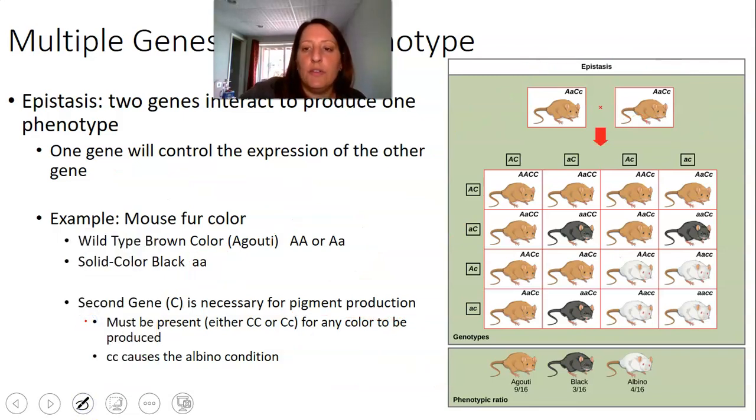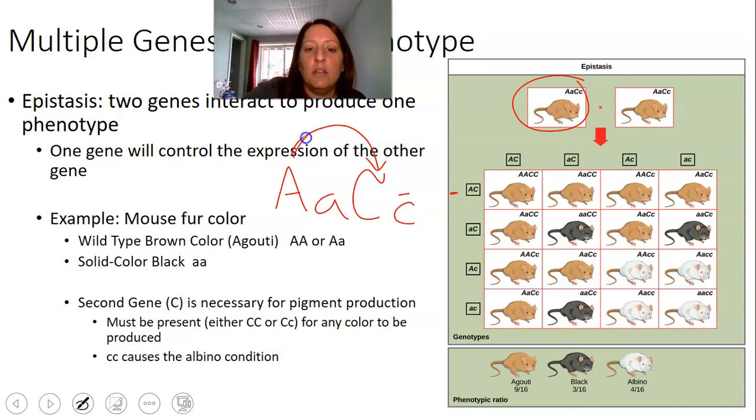So for this mouse, here's its genotype. You're going to go here and say, 1/4 of the gametes are big A, big C. Here, 1/4, oh, they did it in the reverse.